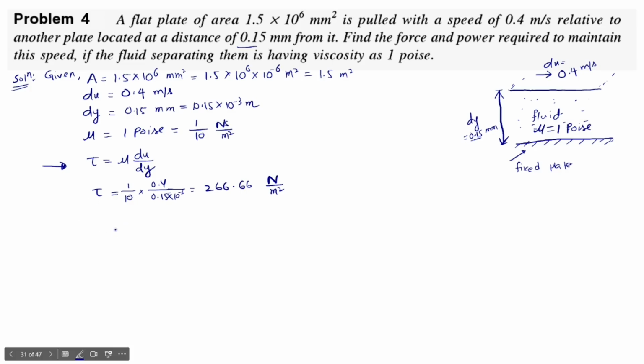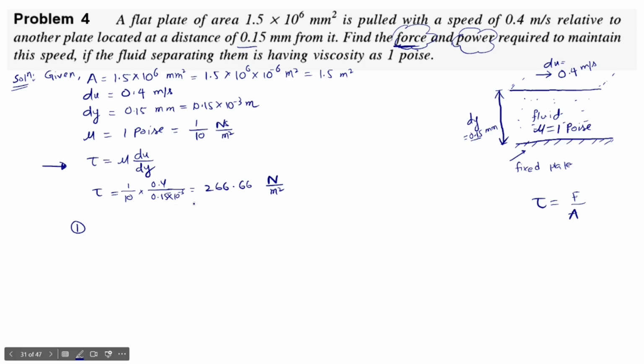Now according to your question you were asked to find the force first, and then you need to find the power. So what is force? You know that tau is equal to force upon area, and in this case the force will be the tangential force, as the upper moving plate is being pulled by a tangential force.